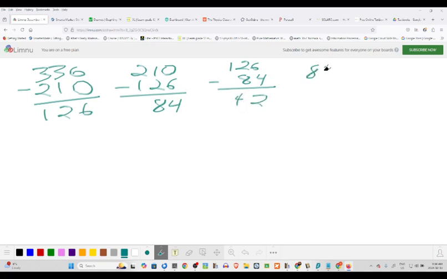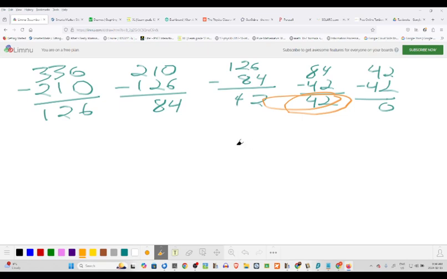So we have 42. 84 minus 42 is 42. Now, 42 minus 42 is 0. So 42 is the greatest common factor of 336 and 210. And it's also 2 times 84.